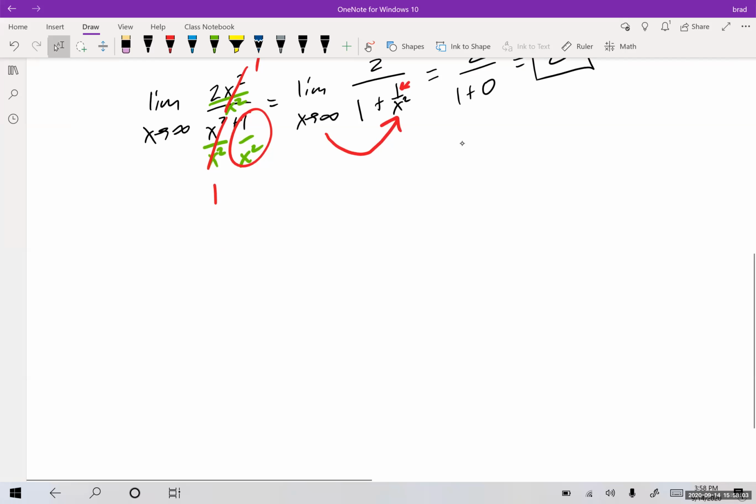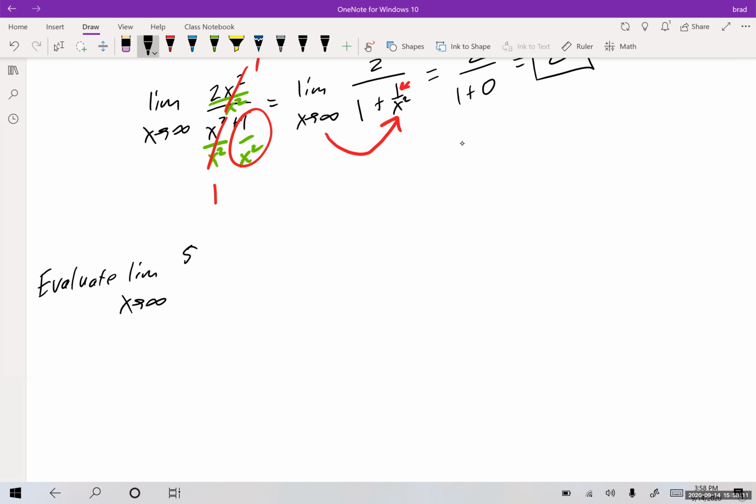Now let's look at something a little bit bigger. Let's evaluate the limit as x approaches infinity of 5x squared minus 3x plus 1 all over 7x to the 4th plus 2x plus 3. I'm going to do the same thing as before. Limit as x approaches infinity, and I'm going to divide every term by x to the 4th.